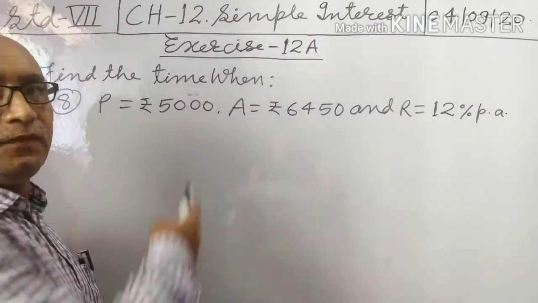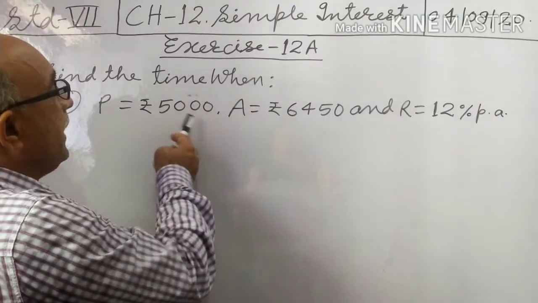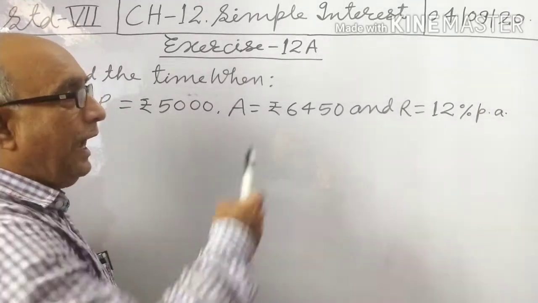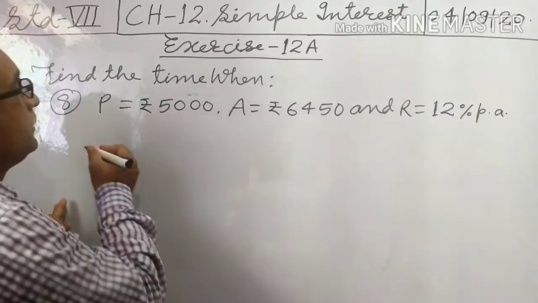Find the time when principal equal to rupees 5000, amount equal to 6450 and rate equal to 12% per annum.